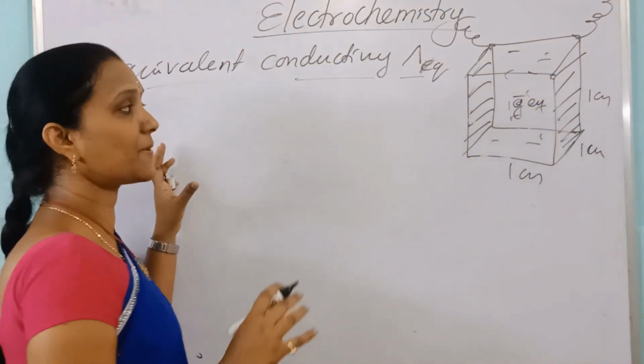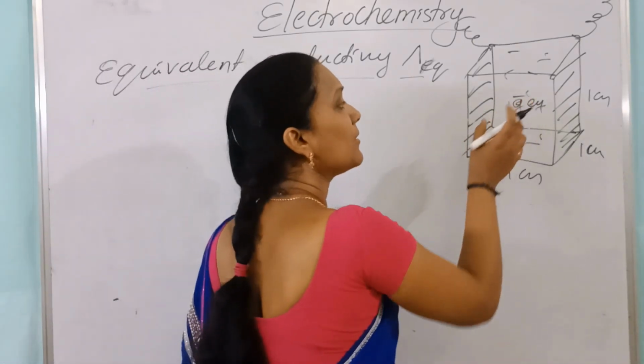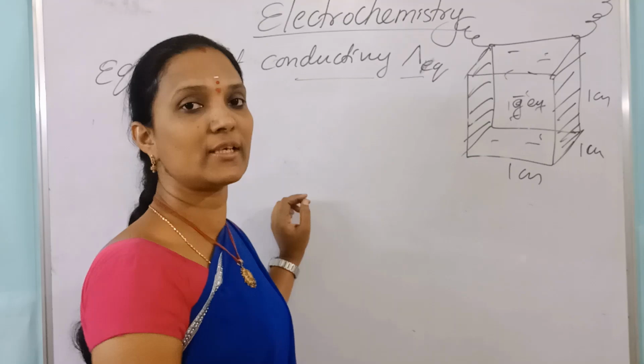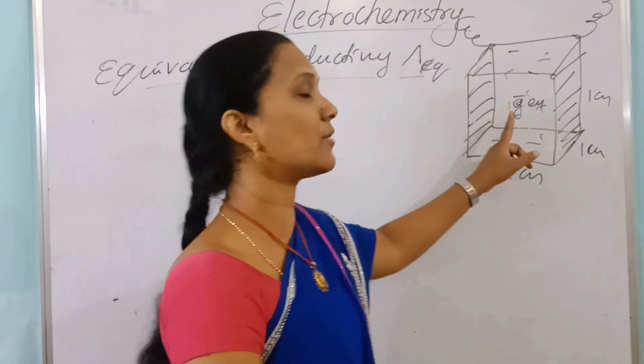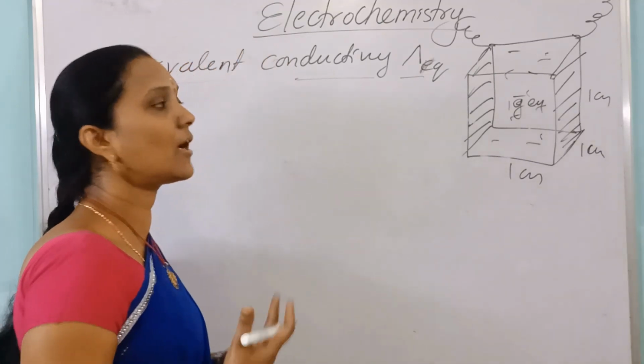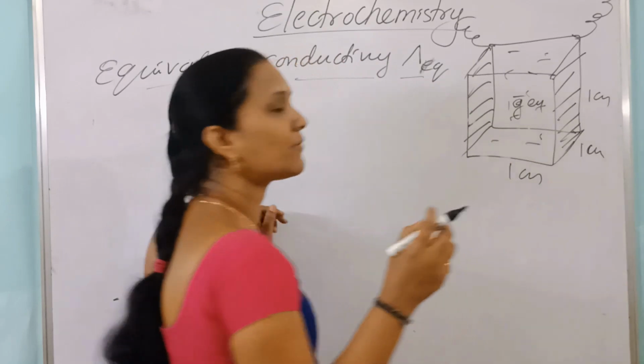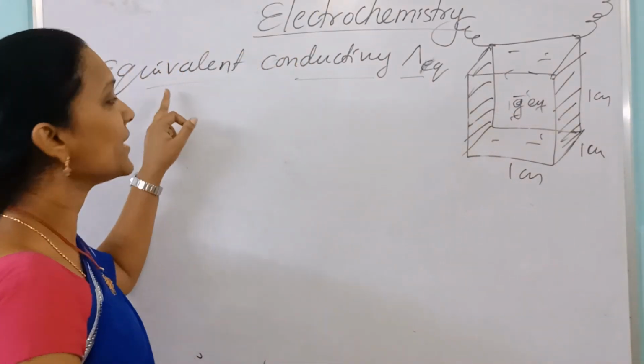So the conducting power of all the ions produced by dissolving 1 gram equivalent of electrolyte in solution, that is the equivalent conductance.